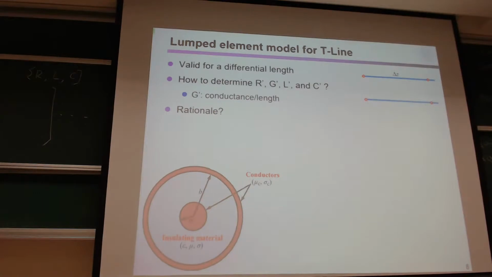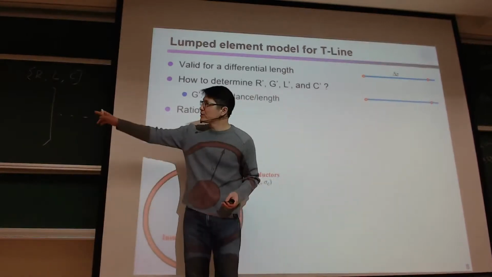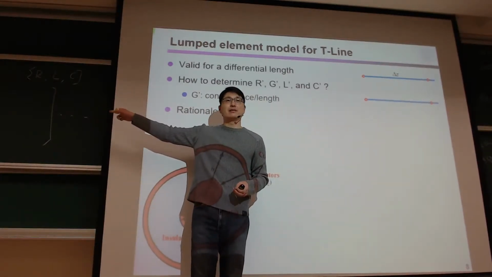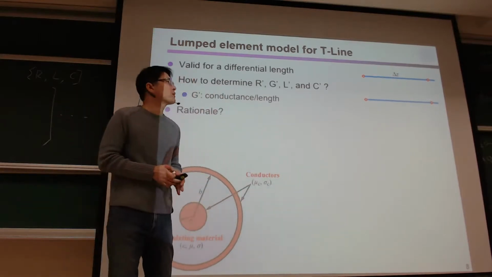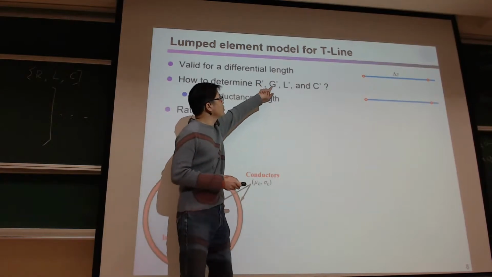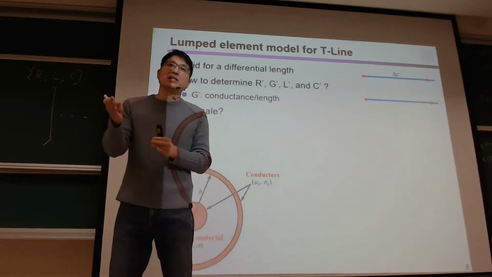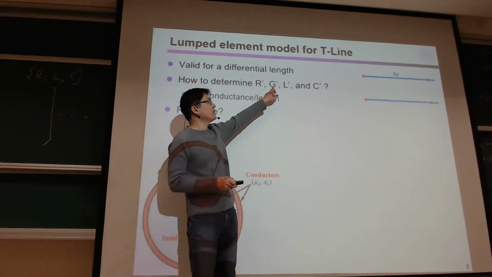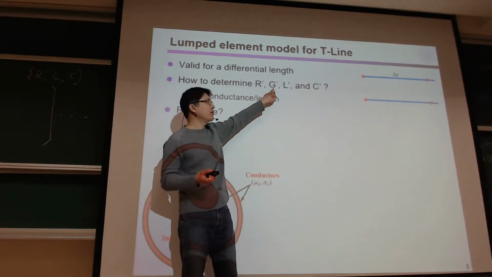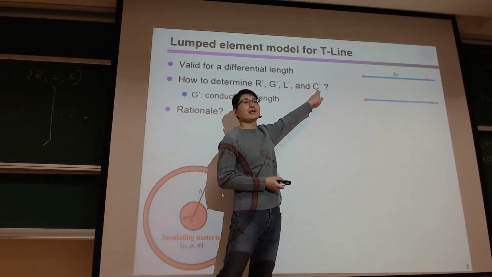All right, so on the right bottom blank space, that's a place for you to fill in the equivalent model using lumped elements. Here R prime, G prime, L prime, and C prime are the resistance per unit length, conductance per unit length, inductance per unit length, and capacitance per unit length.